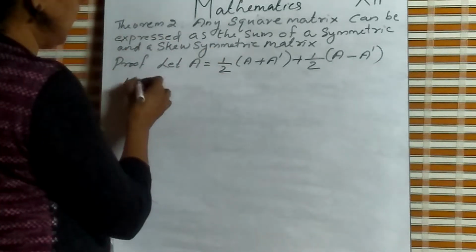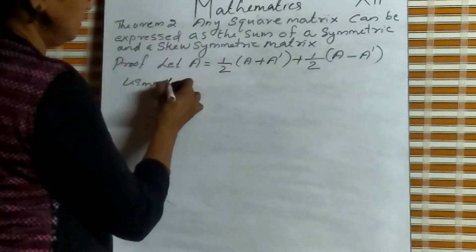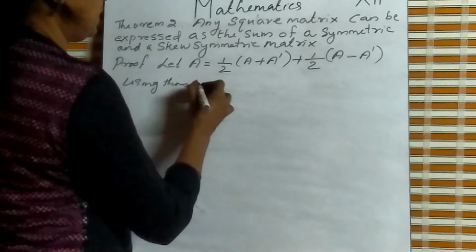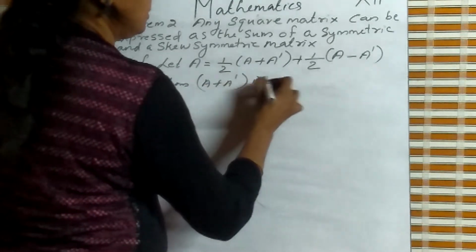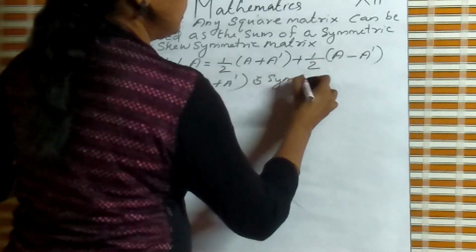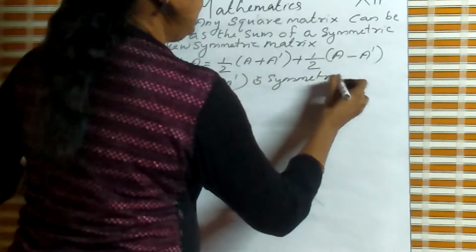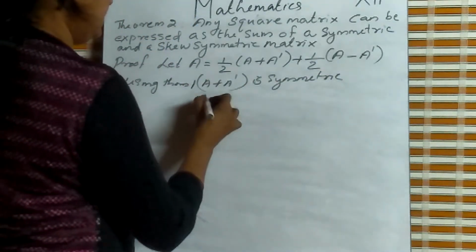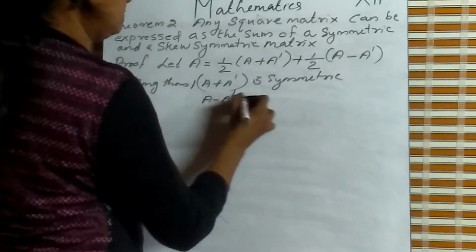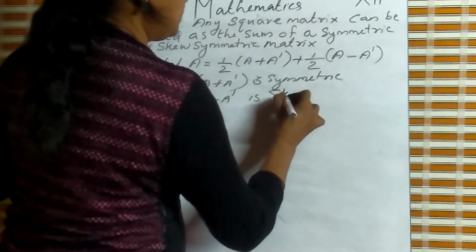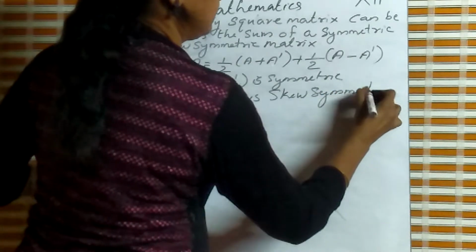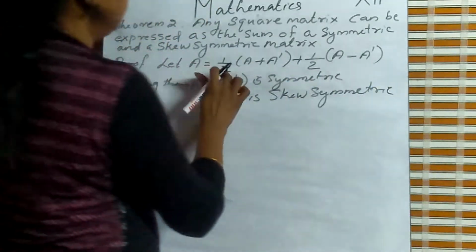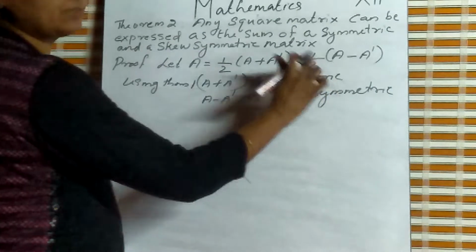Using theorem 1, we know that A plus A transpose is symmetric. And again by theorem 1, A minus A transpose is skew symmetric. Then in each part we have one by two, a scalar.